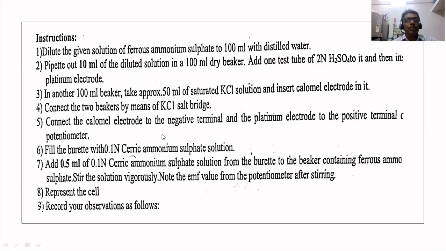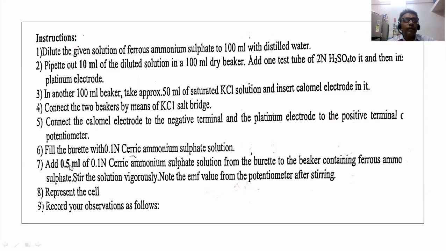Then pipette out 10 ml of the diluted solution into a 100 ml dry beaker. We have to add one test tube of 2 normal H2SO4 solution. In another beaker, we take 50 ml of saturated KCl solution, and the calomel electrode is dipped into it. Then connect the two beakers by means of the potassium chloride salt bridge. Connect the calomel electrode to the negative terminal and the platinum electrode to the positive terminal.